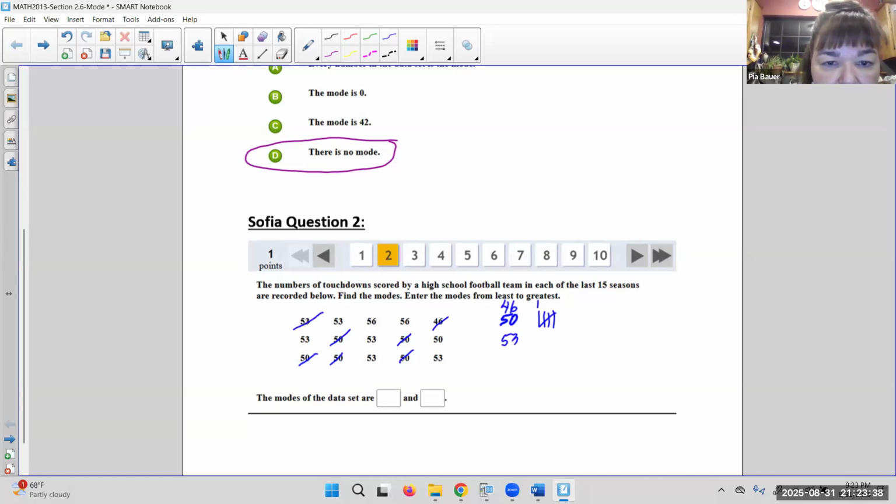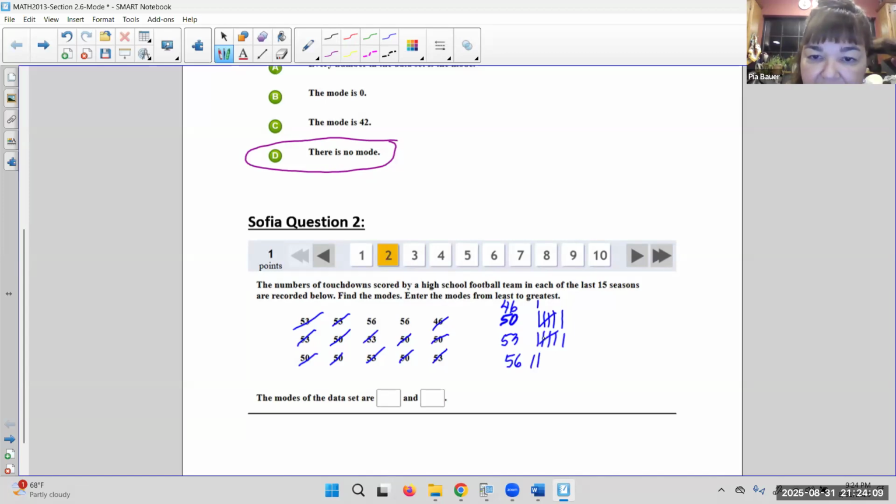And that was 1, 2, 3, 4, 5, 6. And I see an extra 50 here that I didn't count to the 6. And then we have 56 twice. So really, 50 and 53 repeat the most, and they repeat the same number of times.